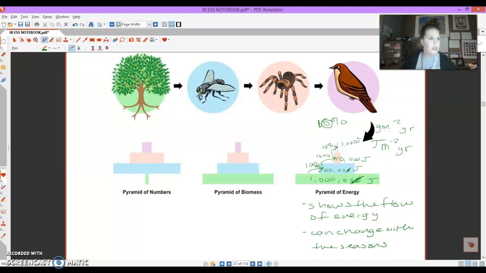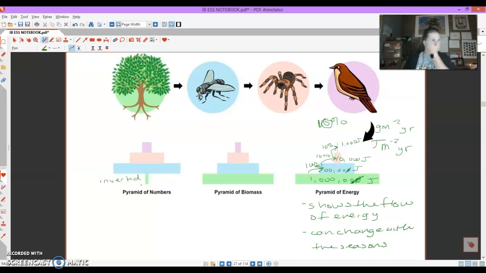All right, so let's go back to this first one right here. Now, this is called an inverted pyramid because it is smallest at the bottom. So what this is showing you is that this is a producer level, and this kind of is counterintuitive. Like, when I first looked at this, it didn't make sense to me. Like, there's supposed to be more producers than anything else.